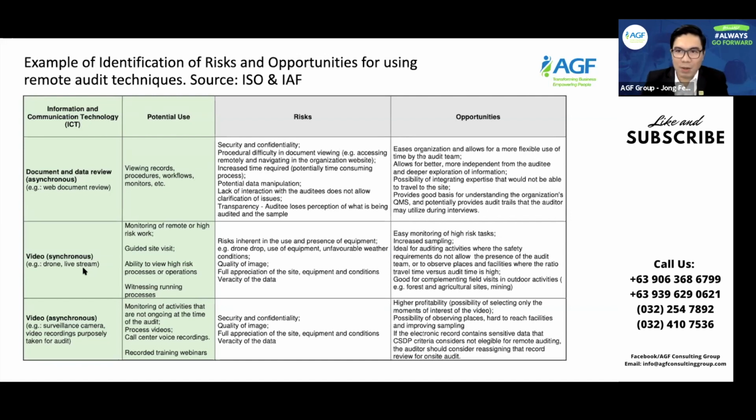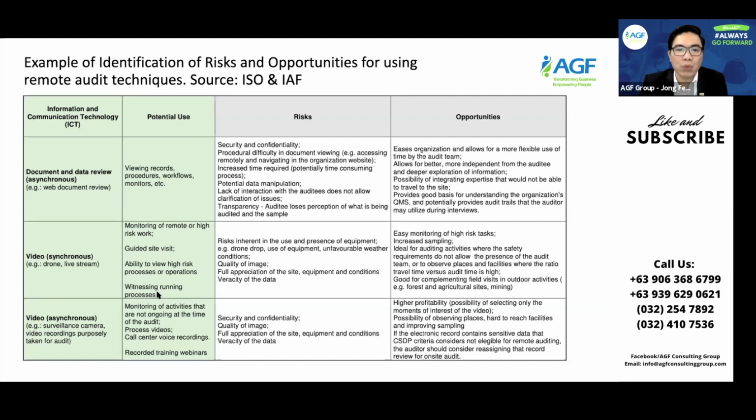So one time we were doing audit planning with a potential project in Myanmar, and one of the agreed audit processes there is live stream, because we have to, of course, witness running processes. How do they run the process in an assembly, for example, because it's a factory setup, by the way. And if we wanted to do guided site audit, of course, live stream can be used.